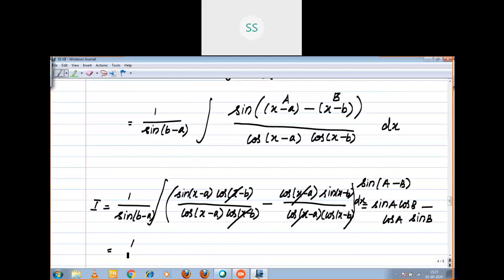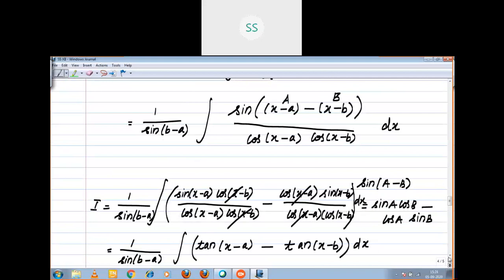Now 1 by sine of b minus a into integral sine by cos, what can you get? Tan of x minus a minus tan of x minus b dx.